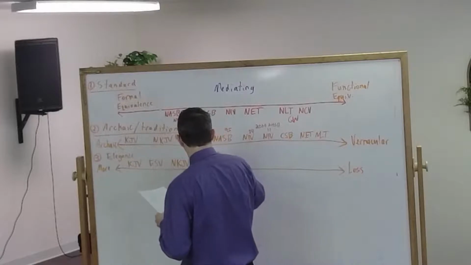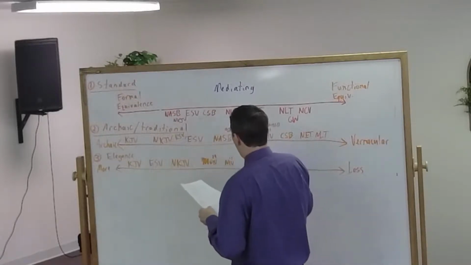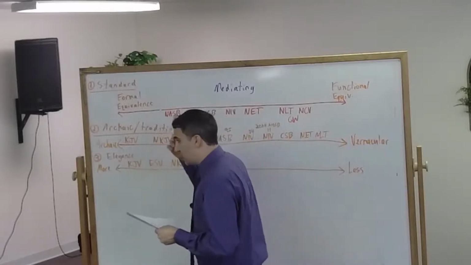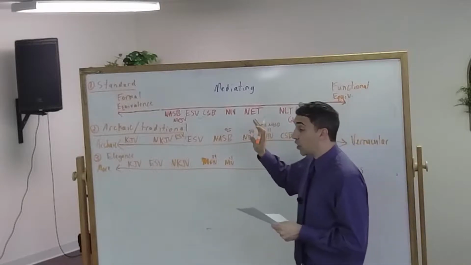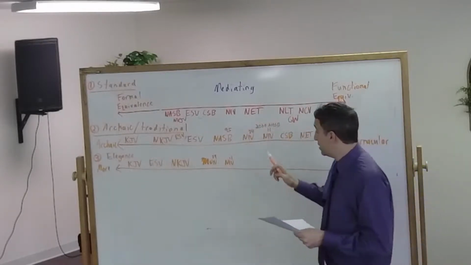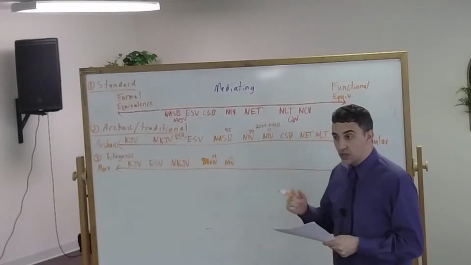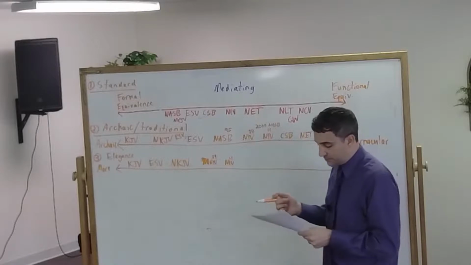Should put that up there. So what's interesting about the elegance part is that people, without even thinking about it, tend to rely upon the archaisms as being elegant. But the NIV actually uses a lot of these King Jamesisms, more than you would tend to think.